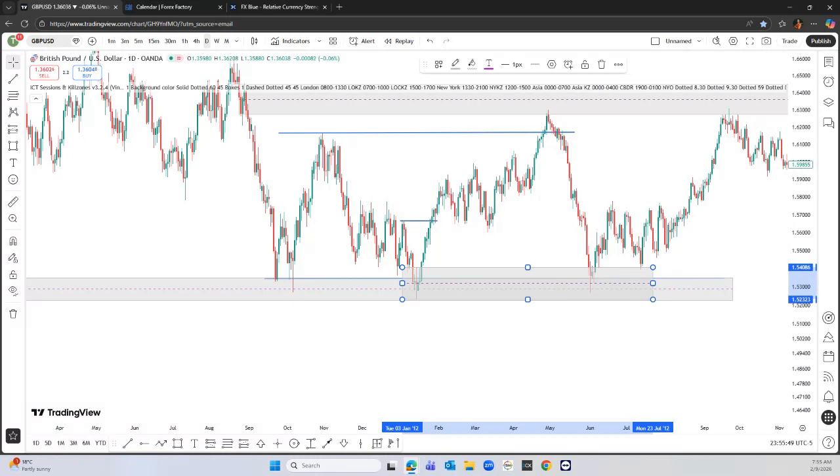And confirmation creates an edge. I'll repeat: levels will show you interest, liquidity will drive reaction, and confirmation will create an edge. So stop trying to predict exact turns for the price and start waiting for the market to reveal its intent, right? Wait for the market to reveal the intent.